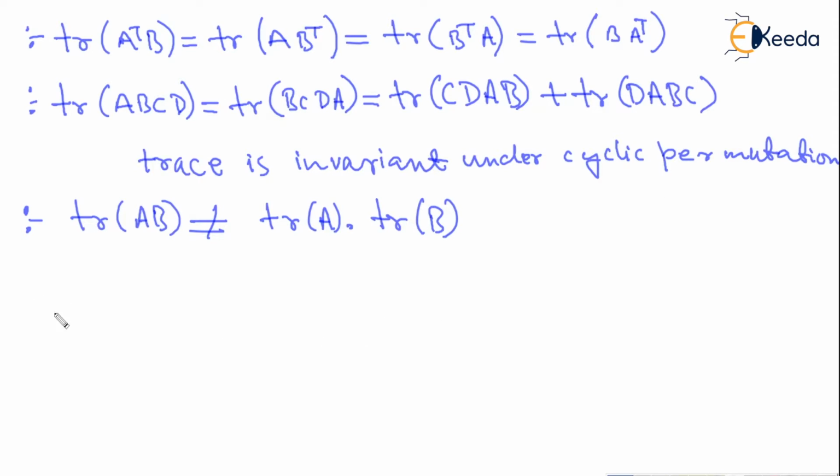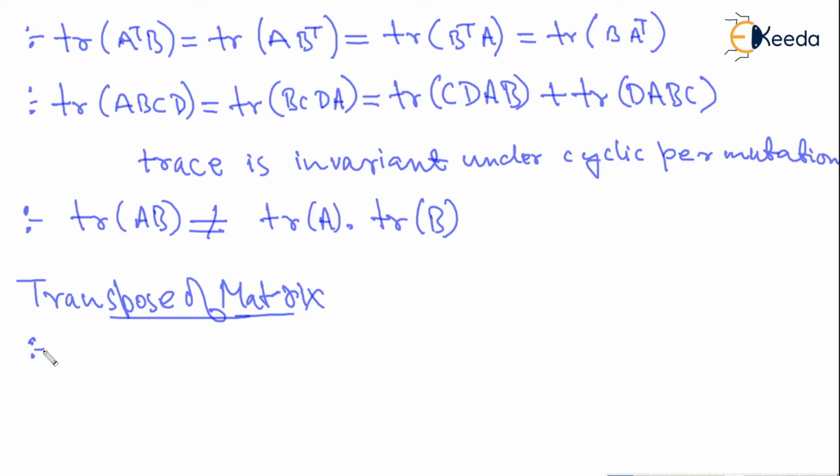Let's see the next one. Next is transpose of a matrix. It need not be a square matrix, so your matrix may not be square. It can be a rectangular matrix, any simple matrix.